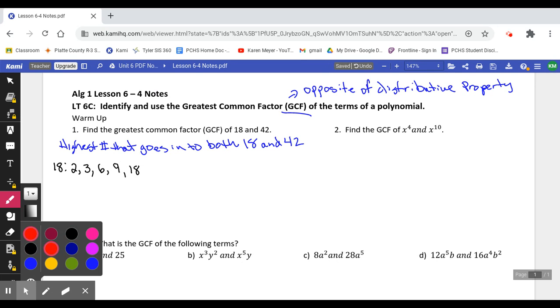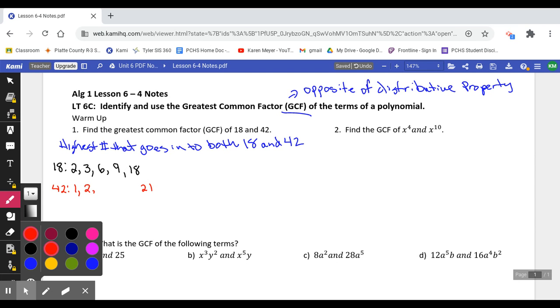So now if we look at 42. Well, for 42, you've got 1. Well, of course, remember, we don't really necessarily have to write down 1. So you can write it down, or you can skip that. That's completely up to you. Either way is fine. And then 2 goes in there 21 times.